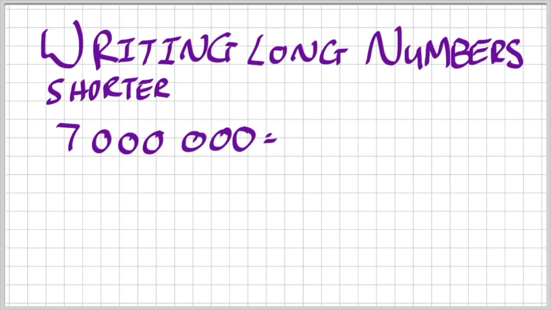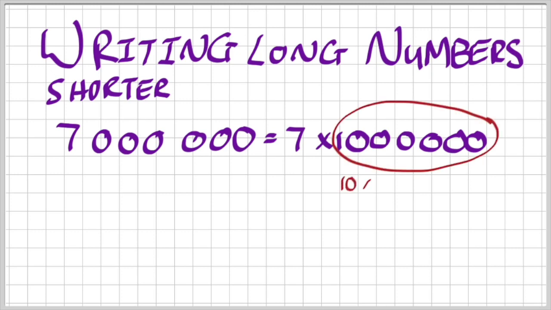Now, I can write this as 7 times 1 million. I'm going to use 1 million because it has a very special use. That 1 million I can actually write as 10 times 10 times 10 times 10 times 10 times 10. How many 10s are there?